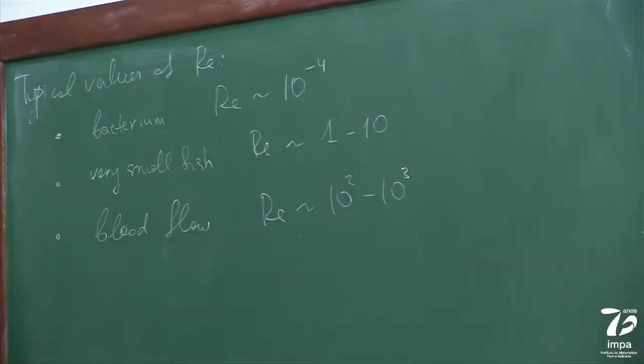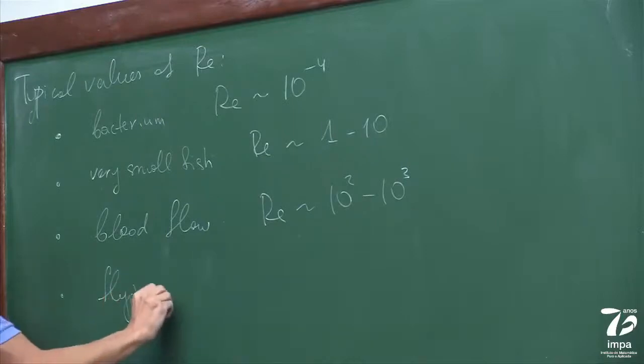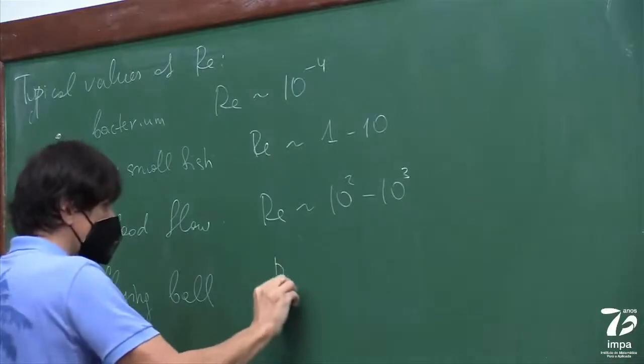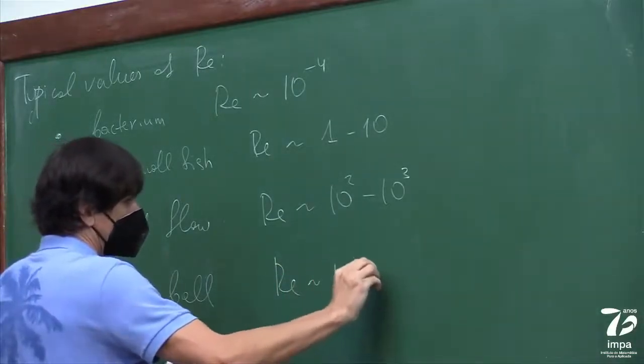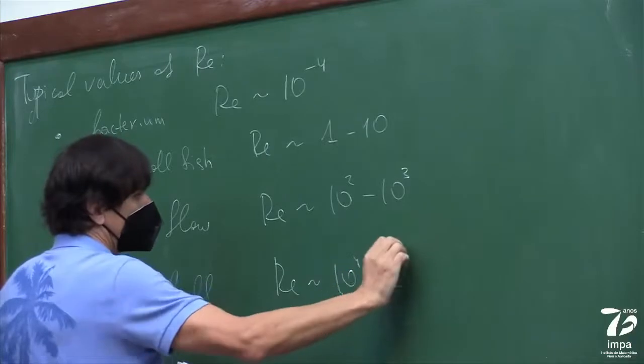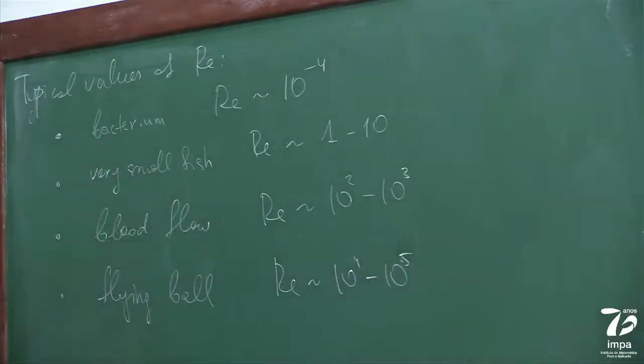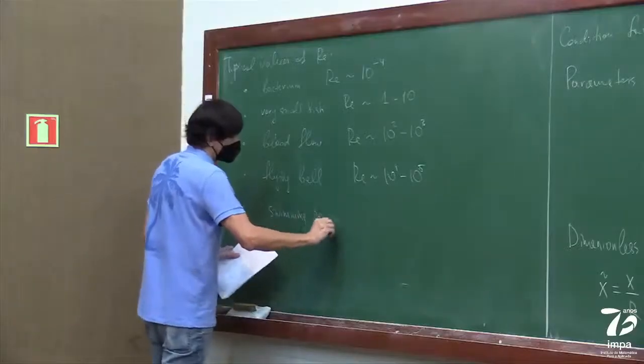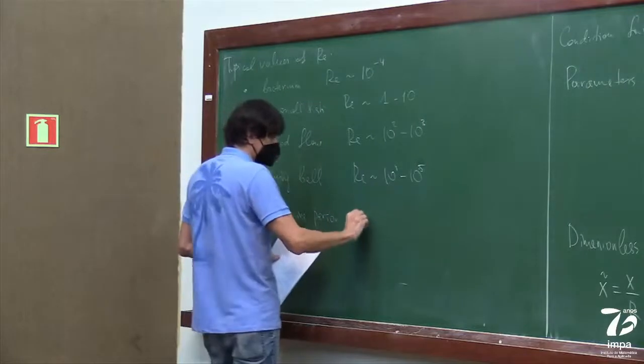The next is the flying ball. When you throw the ball, you go to 10 to the 4, 10 to the 5. The next order is when you swim. The swimming person gives 10 to the 6.